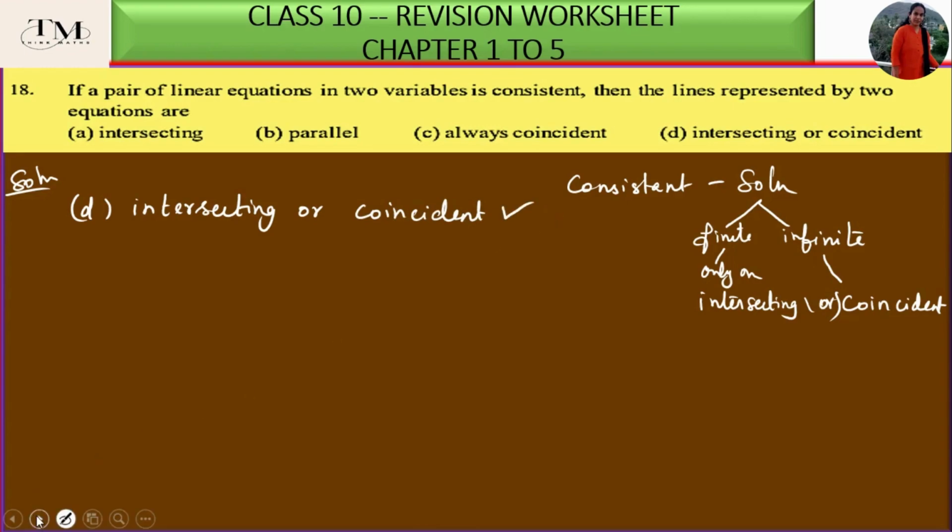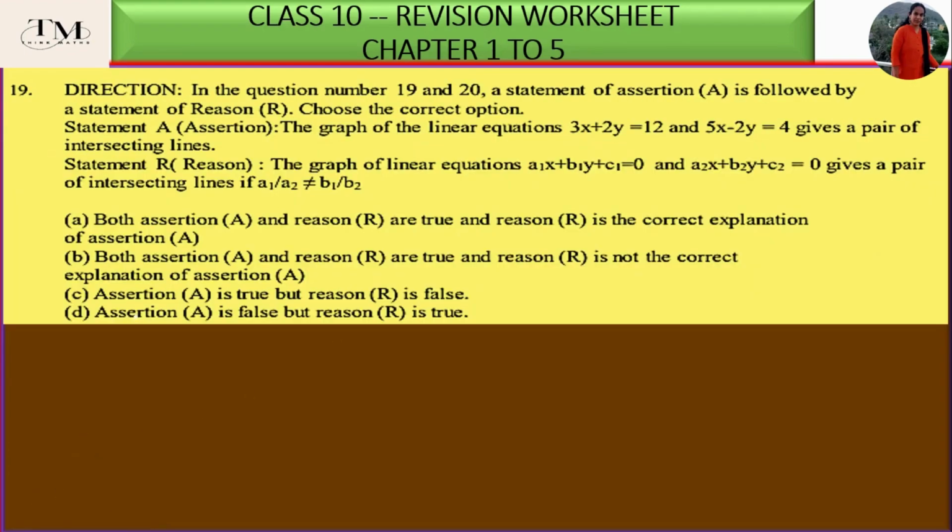So moving on to the 19th question. In question number 19 and 20, a statement of assertion A is followed by a statement of reason R. Choose the correct option. There are four options.